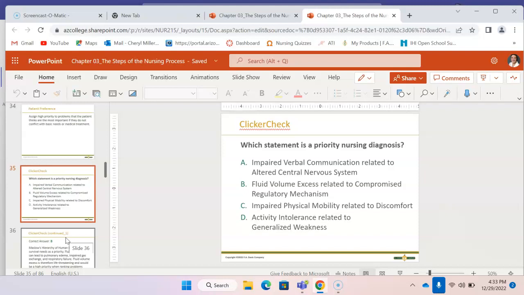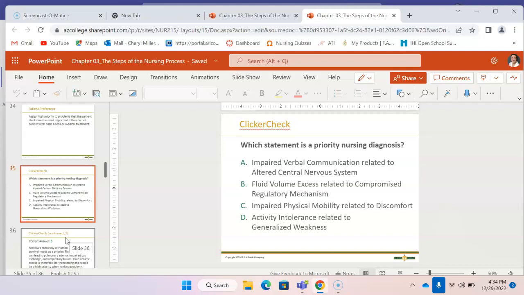Fluid volume excess means swelling, compromised regulatory mechanism. So if I consider that too much swelling goes from the feet to the hands to the face to the lungs, and I start filling my lungs full of fluid, that would be an airway issue. So a CHF patient, congestive heart failure, will always win from these four sitting in the waiting room.